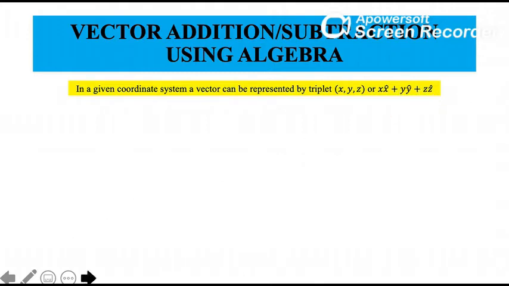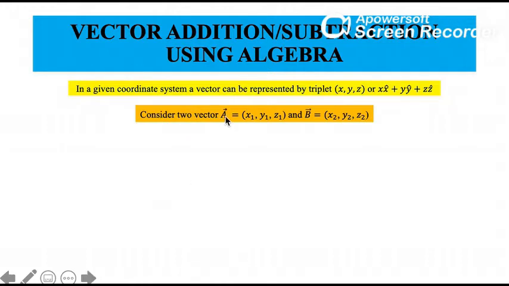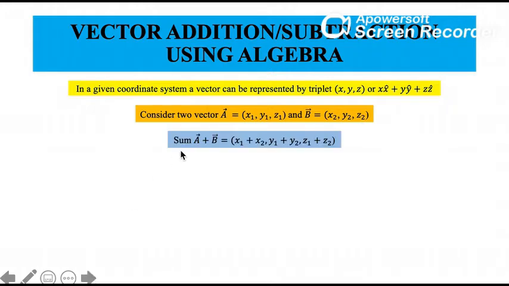Let us consider 2 vectors A and B, defined by the positions x1, y1, z1 and x2, y2, z2. The sum of 2 vectors is given by a vector whose components are added to get x1 plus x2, y1 plus y2, z1 plus z2. The x component is x1 plus x2, the y component is y1 plus y2, the z component is z1 plus z2.